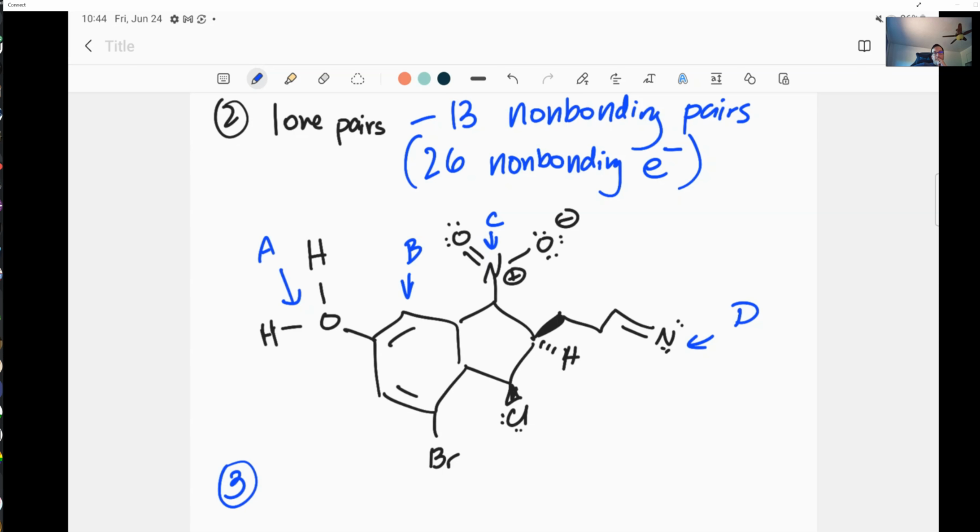Is it just the single bonds with the non-hydrogen atom? And non-carbon also, yeah, correct. So it would be non-carbon, non-hydrogen atoms that have only single bonds. That's correct.